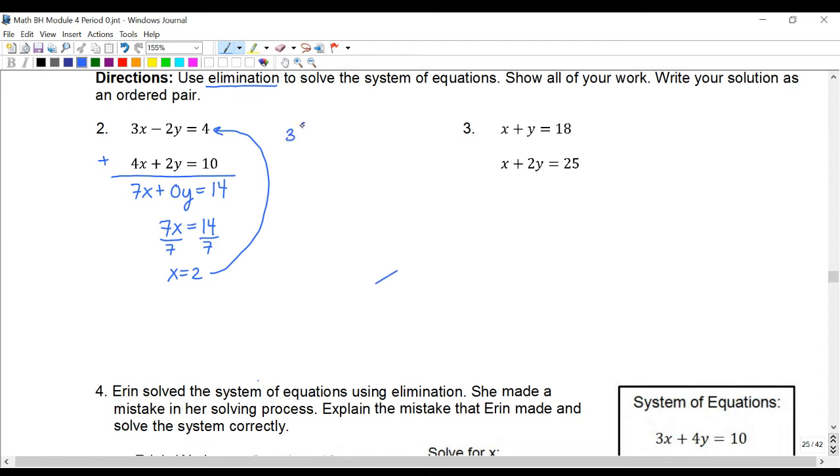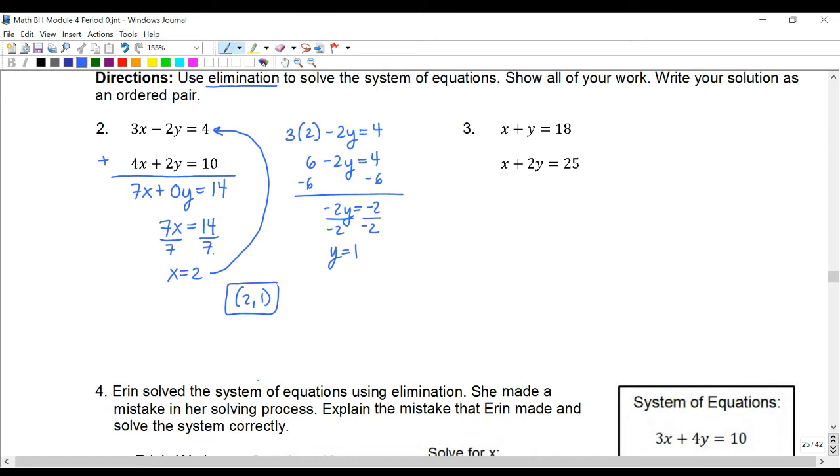So we have 3 times 2 minus 2y equals 4. 6 minus 2y equals 4. And we write our answer as an ordered pair again.